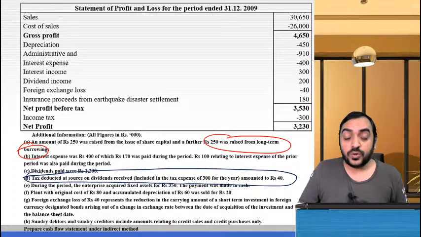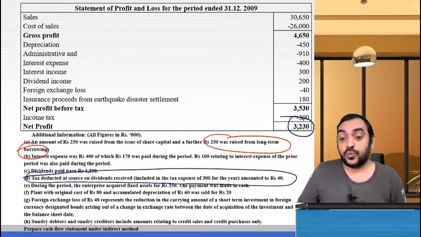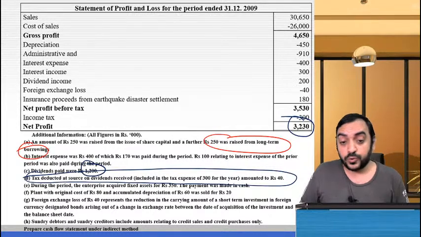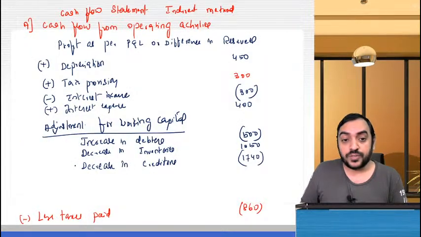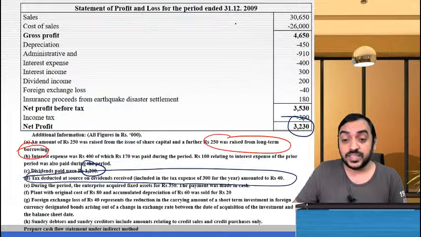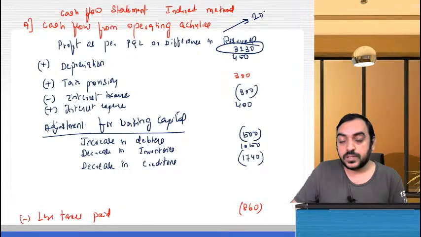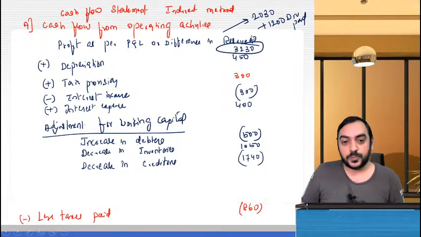But is it the P&L account profit? It's not 2030, it is 3230. Why? Because they have paid a dividend of 1200. So profit as per P&L account is 3230. But if I go by increase in reserves, that comes to 2030. If I follow that method, then I should add dividend paid 1200. Then it will come to the same number, 3230.